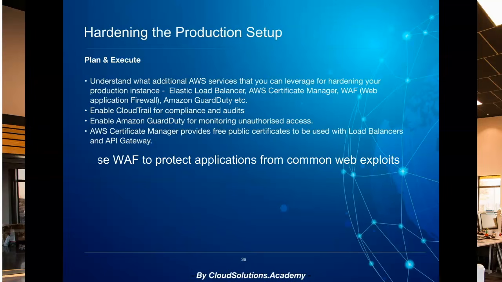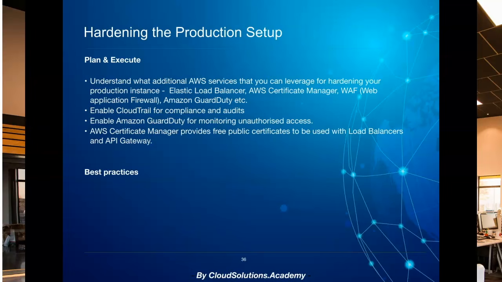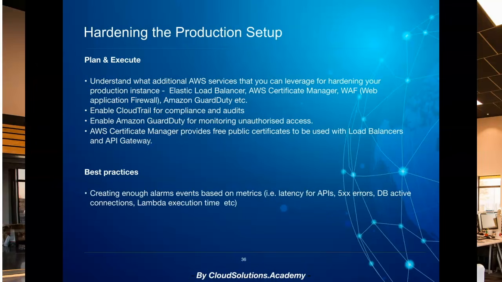Some of the best practices for managing the production environment include capturing enough metrics and tracking usage like CPU, API latency, database connections, and alerting the required team in case the thresholds are not being met. So as a best practice, do spend enough time on defining the monitoring requirements and what needs to be captured.